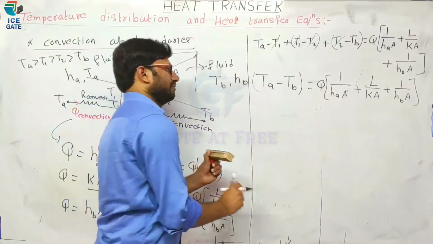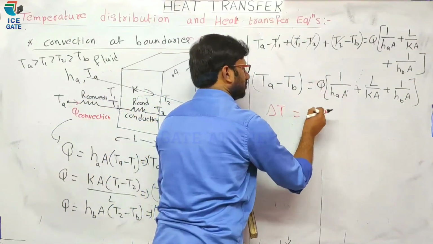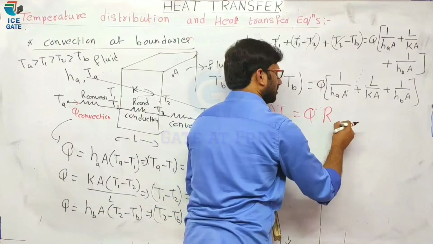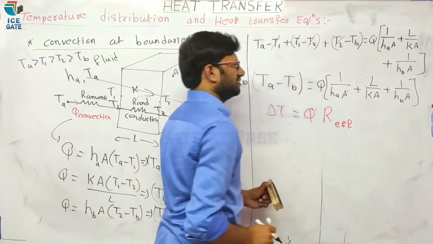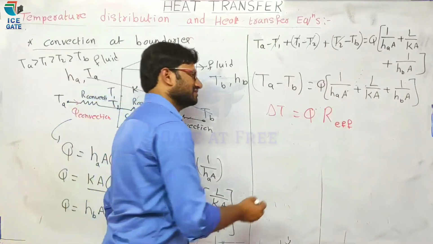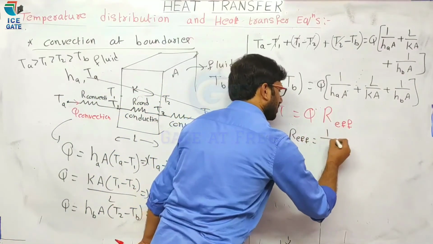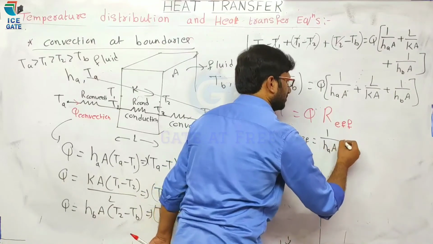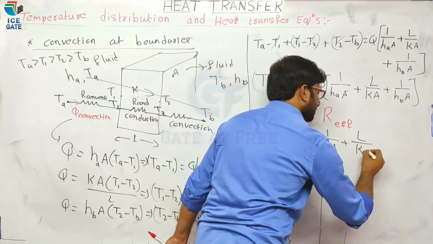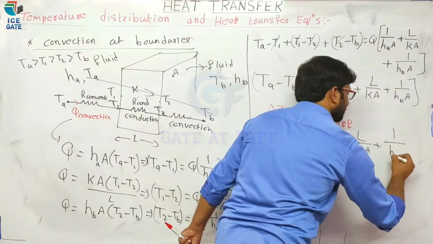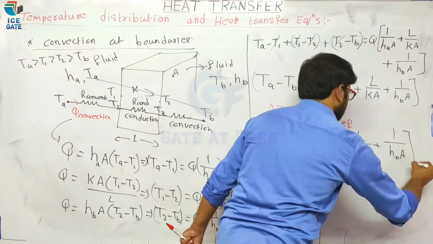Now write this in the form of delta T equal to QR. Say this is the effective resistance. Now what is the effective resistance? 1 by HA into area plus L divided by KA plus 1 divided by HB into A.